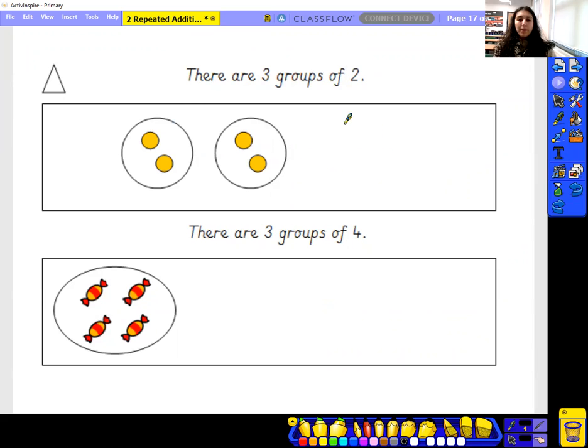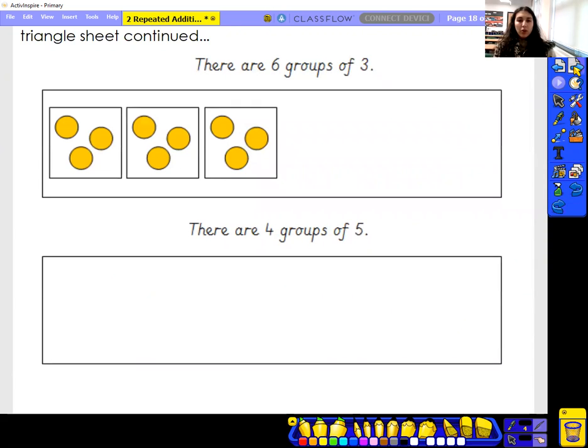I need to draw my missing group, and then I would have 2 and 2 and 2. And then I need to also write that as a repeated addition, 2 plus 2 plus 2. And then the triangle sheet is also continued here. Don't forget to write your repeated addition somewhere on this sheet as well.